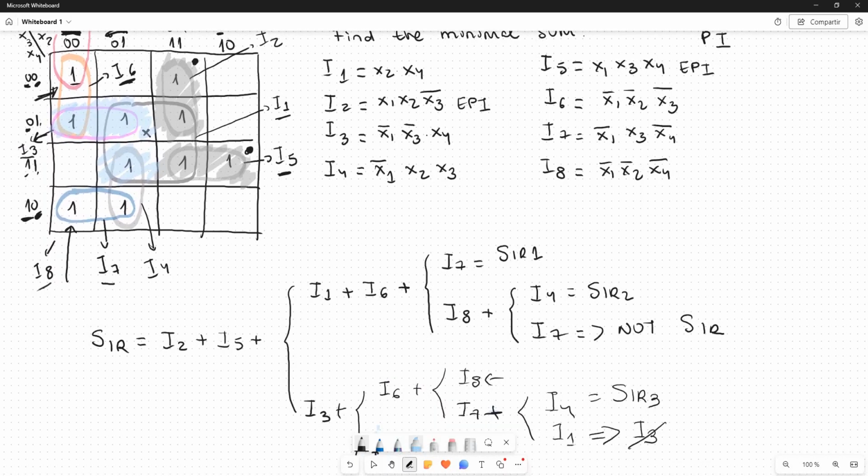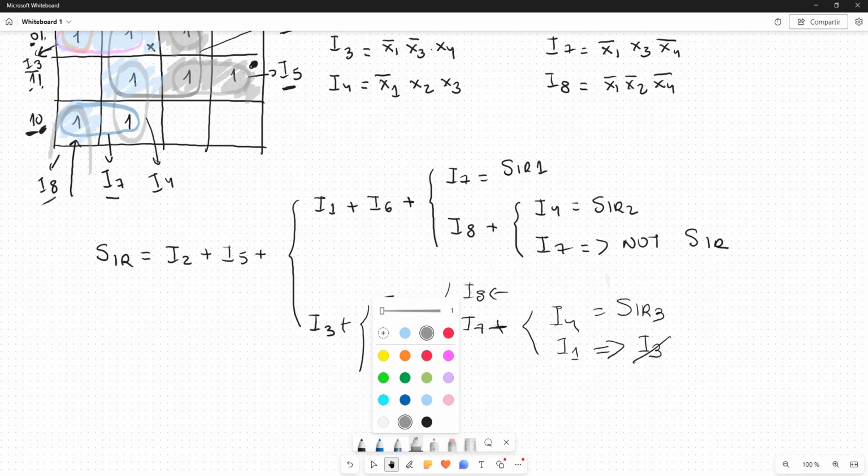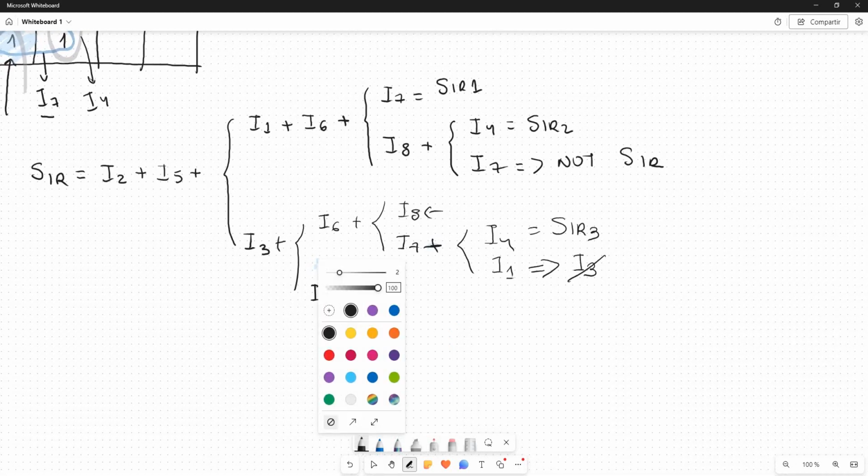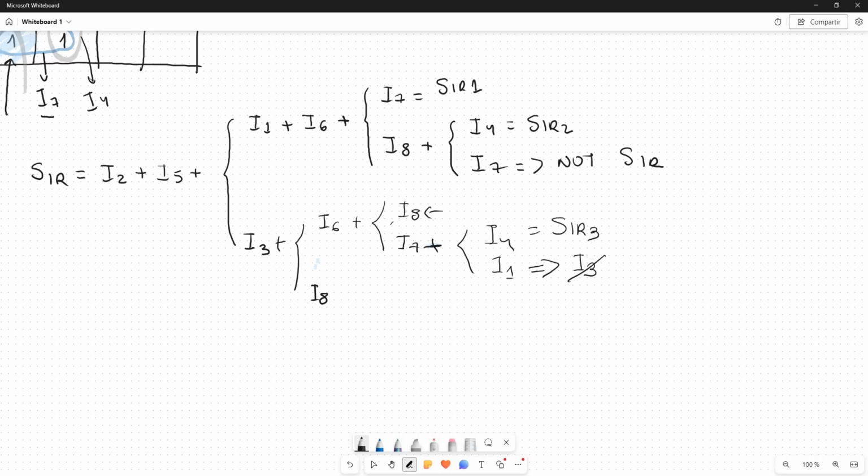If we use implicant H, we cover these two ones. Remember that implicant H was like this, okay? I just delete the rest of the implicants. And this is the reason why I didn't follow with this path. Because we have a bifurcation just in the previous step, so I know that this is not an irredundant sum, just following the same reasoning of this. Okay, so this is not an irredundant sum.